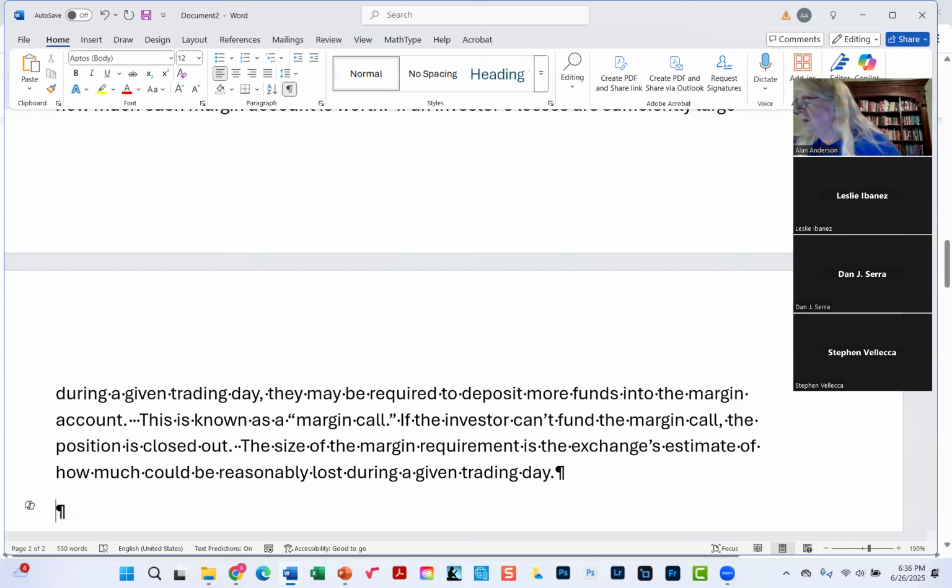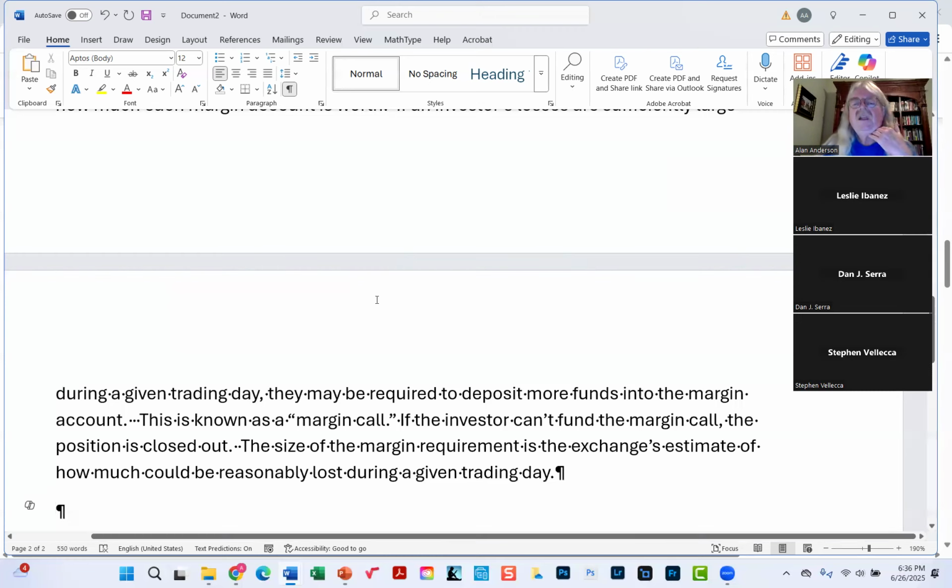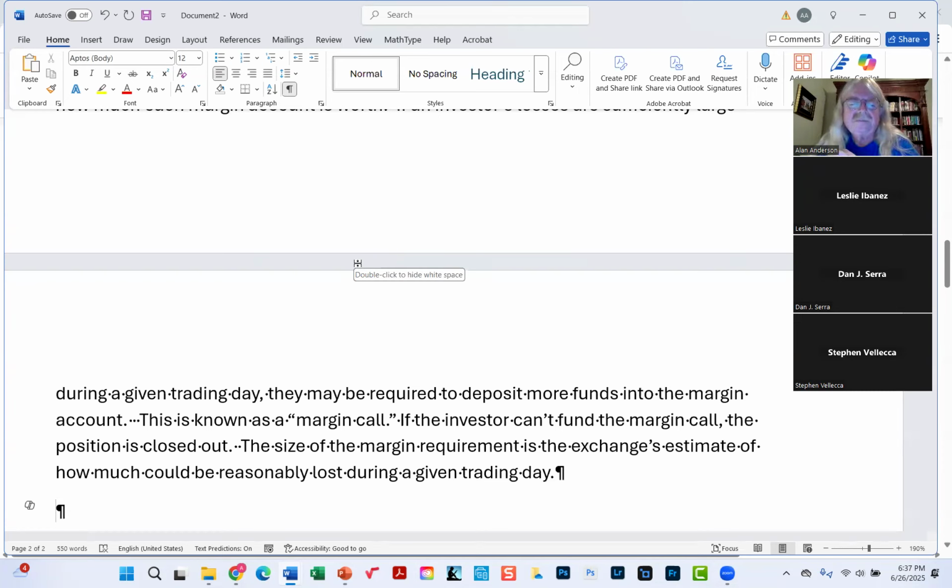And since they're responsible for those losses, they don't want this to go on more than a day. And I think I mentioned this in the sad story about Barings Bank. This is how Nicholas Leeson ultimately was caught, because he couldn't cover the margin requirements. They were really huge, like hundreds of thousands of dollars. It was some preposterous amount of money that he was losing and losing and losing. He just kept getting in deeper and deeper, and he couldn't get the money together.